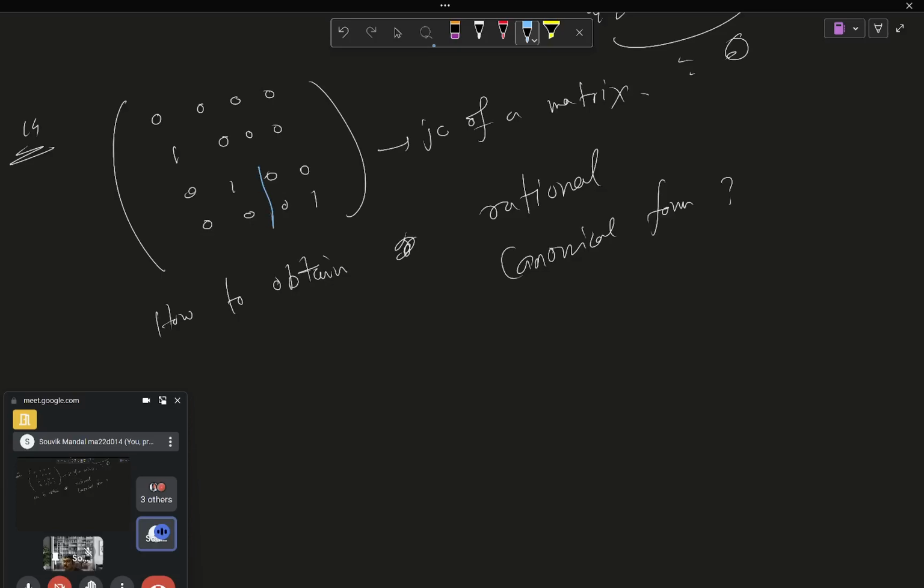Observe that this is one block, and we know the last block always corresponds to the minimal polynomial, and there is only one, no other. So the minimal polynomial is x minus 1.